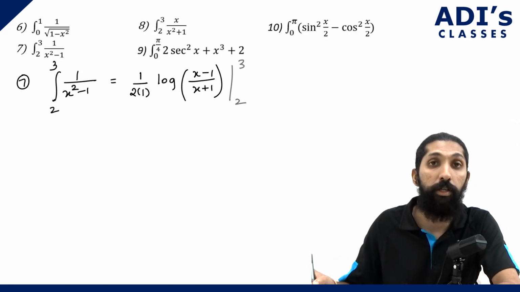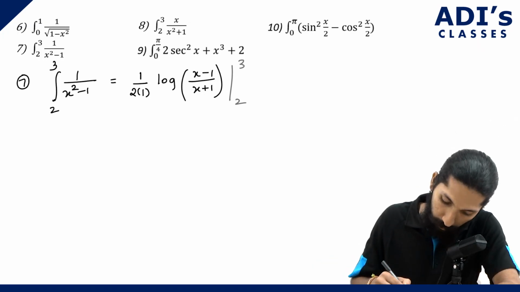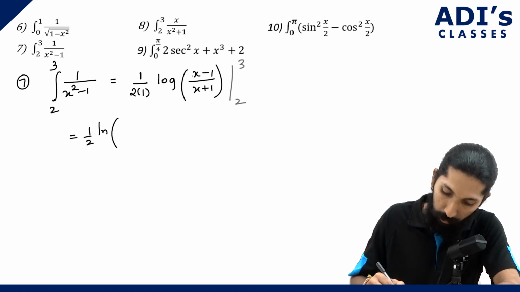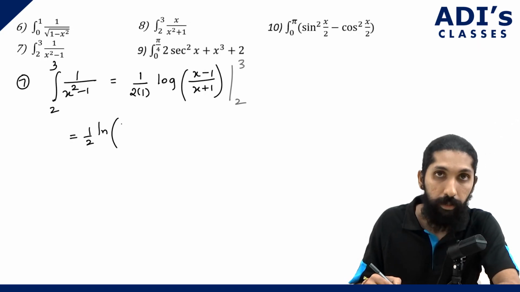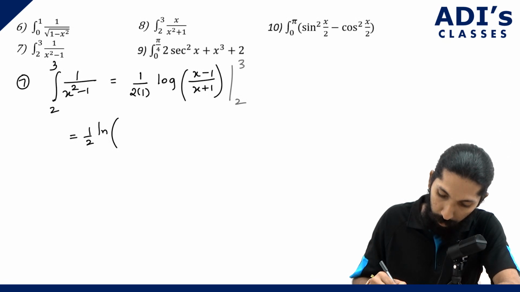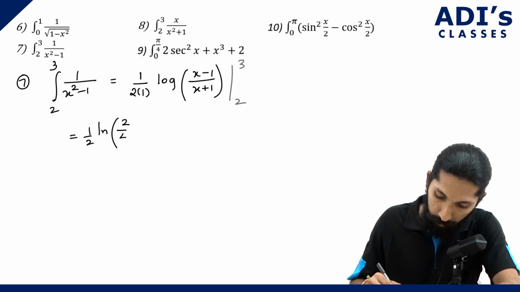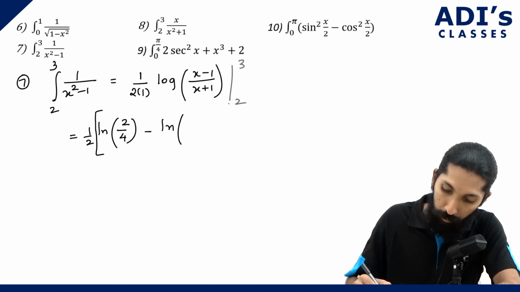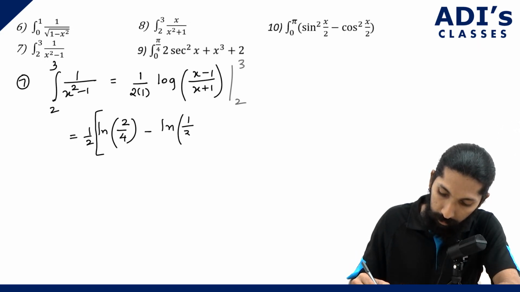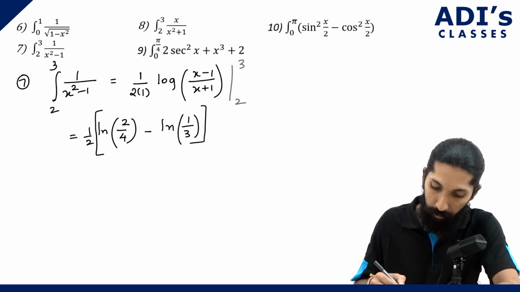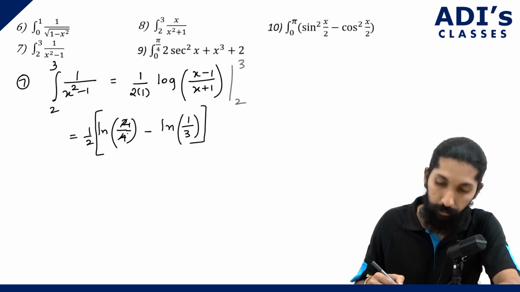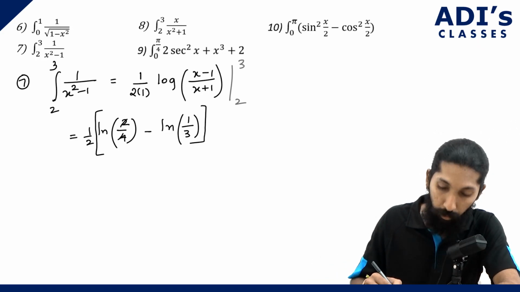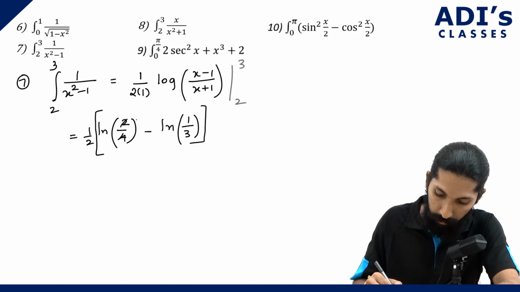Correct? Substitute the limits now. 1 by 2 into log of, first, 3 minus 1 for the upper limit, right? 3 minus 1 is 2, 3 plus 1 is 4, minus log of 2 minus 1 is 1, divided by 3. So this is nothing but 1 by 2. In the sense, 2 and 4 cancel out, you will get this as 1 by 2.